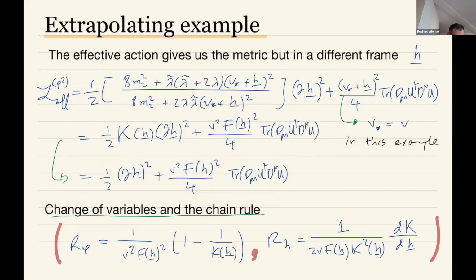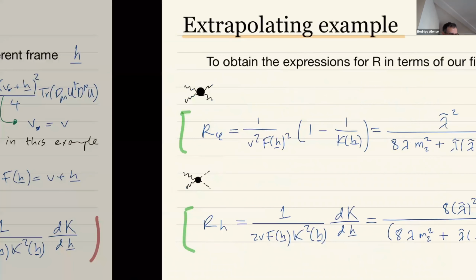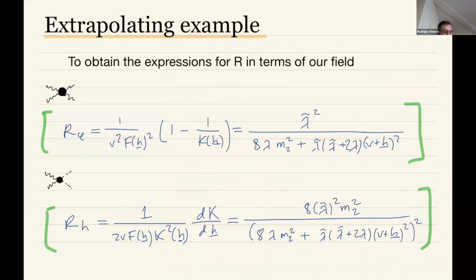In particular, f of H is simple enough that V times f of H is just V plus H. So it only has a first derivative, it doesn't have a second derivative. So the only derivatives that show up in here are with respect to H underline. And this will give us curvatures R phi and R H, which we can then find explicitly.